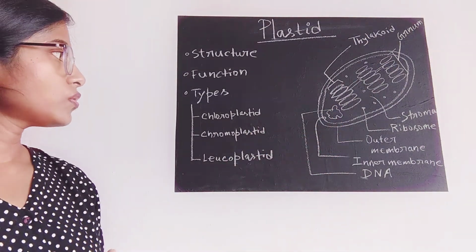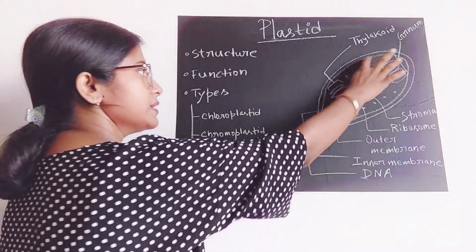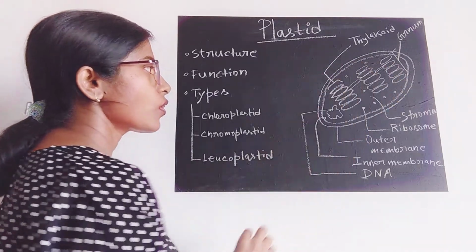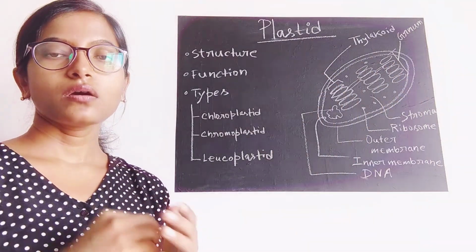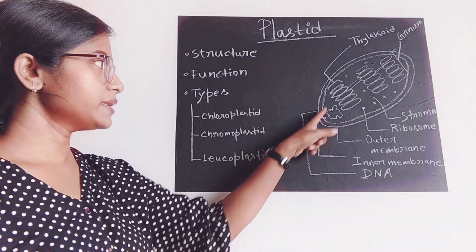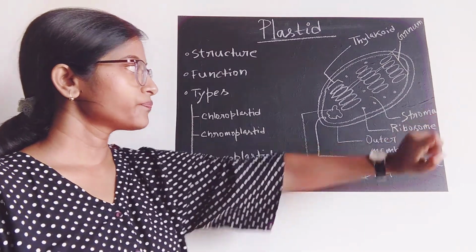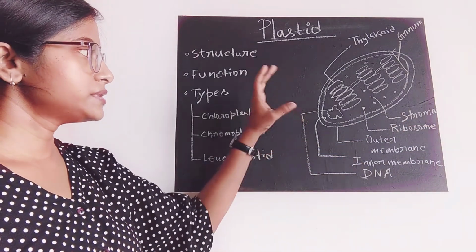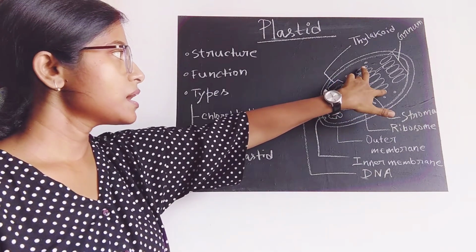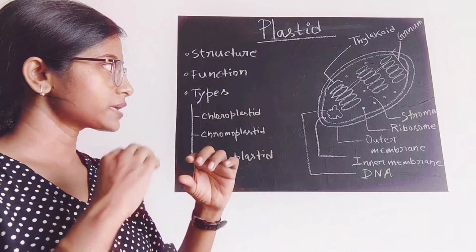After the membrane, inside the inner membrane there is a gel-like structure which is called stroma or the matrix portion. And in the gel-like structure, as you can see here, there are stacks of some spherical structures.